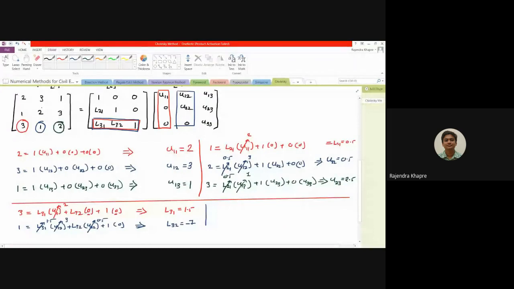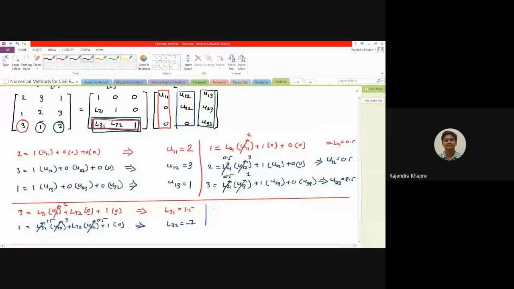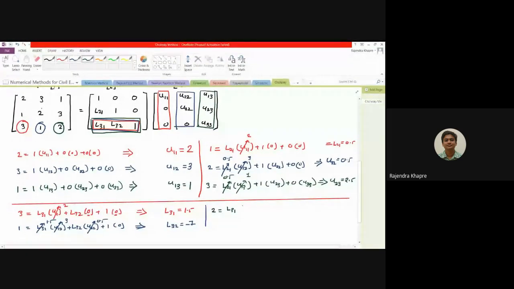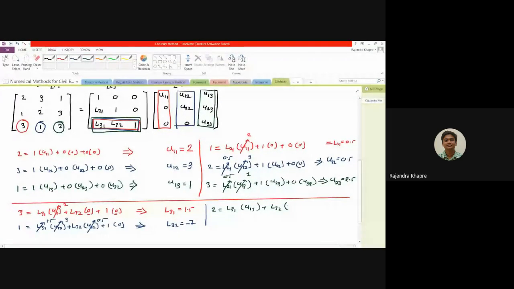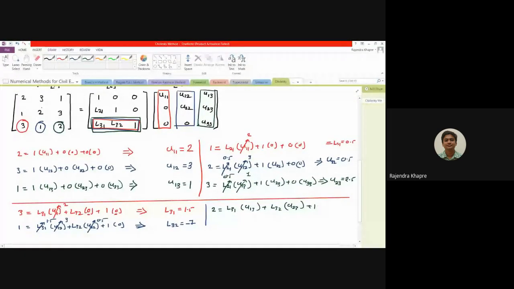And lastly, this second term. If you multiply this row with this particular column, then you should get the value of 2. So this 2 is nothing but L31 multiplied by U13, plus L32 multiplied by U23, plus 1 into U33.